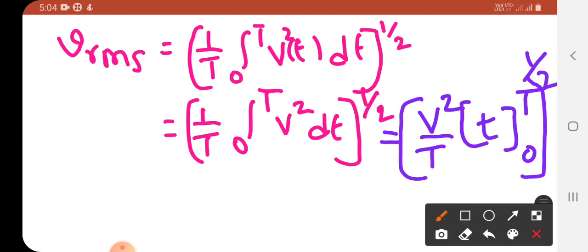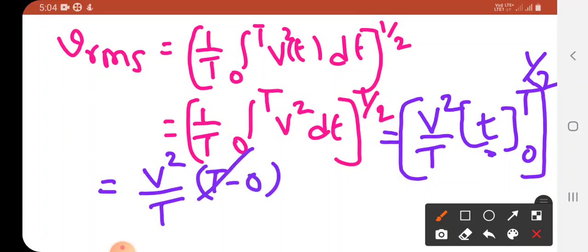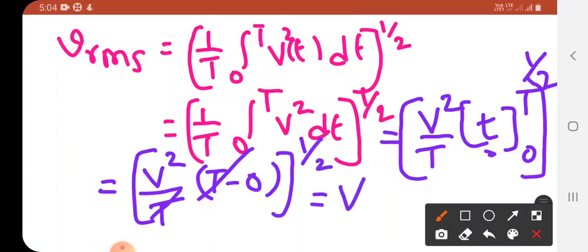So V square by T times T minus 0, the two get cancelled, whole power 1 by 2. Hence this value is V only. So VRMS is V and the average value is also V.